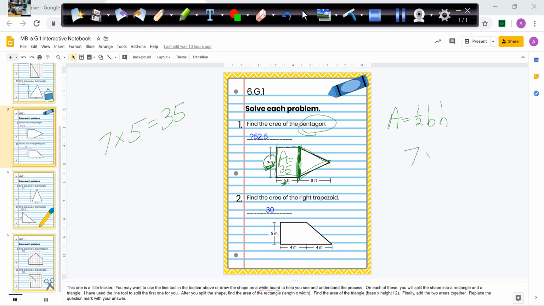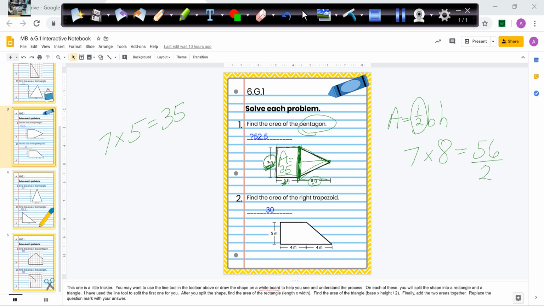So I'm going to go 7 times, what's the height? What's this part from here to here? And it shows us right here that the height is 8. So 7 times 8 equals 56. But I'm not finished because after I find 7 times 8 equals 56, I have to divide it by 2.